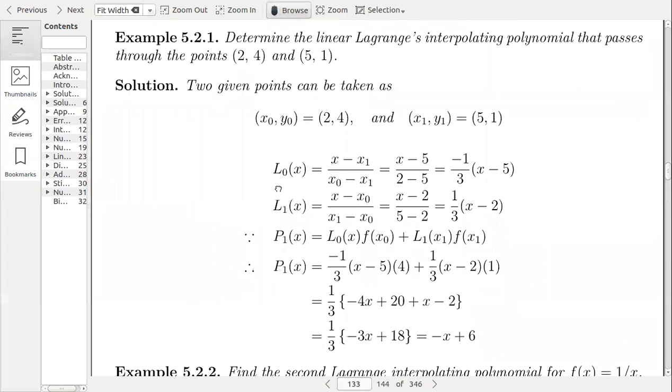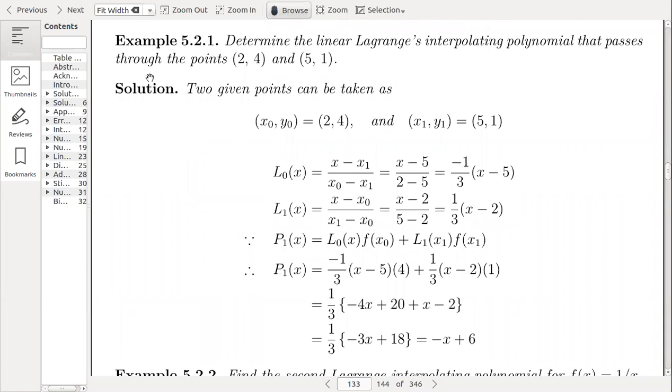Next we can explain an example. Example 5.2.1: determine the linear Lagrange interpolating polynomial that passes through the points (2, 4) and (5, 1).